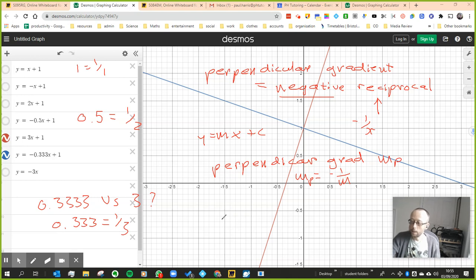Yeah? So what's the negative reciprocal of 5? I'll tell you, it's minus 1/5. What's the negative reciprocal of 3? I'm going to speed these up because I want to get them in the video. Okay, it's minus 1/3. What's the negative reciprocal of 2?